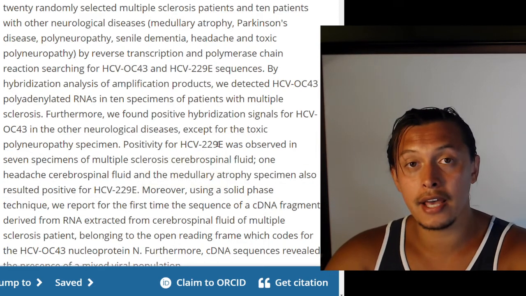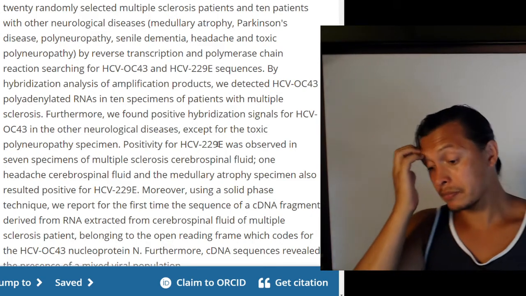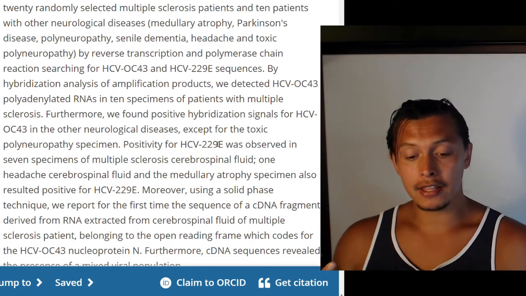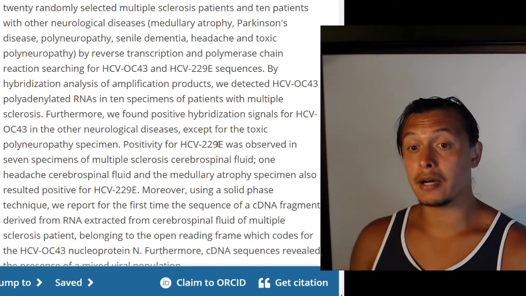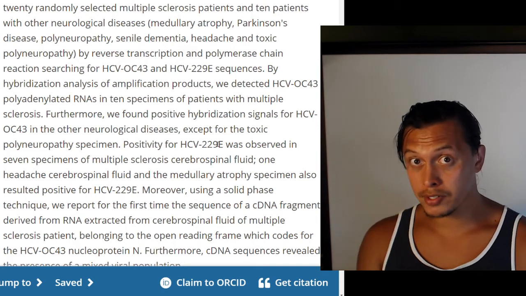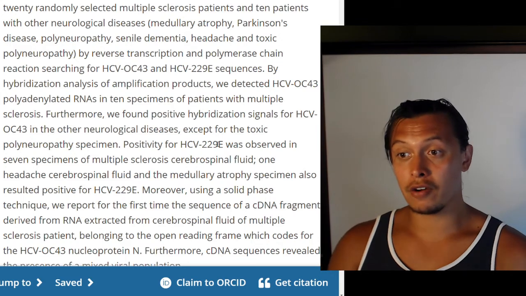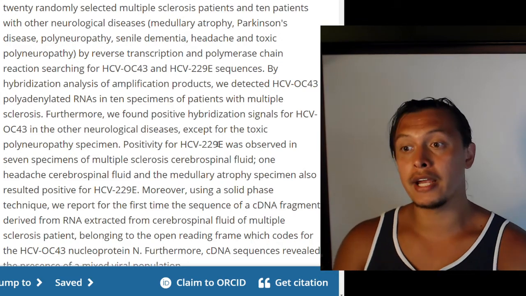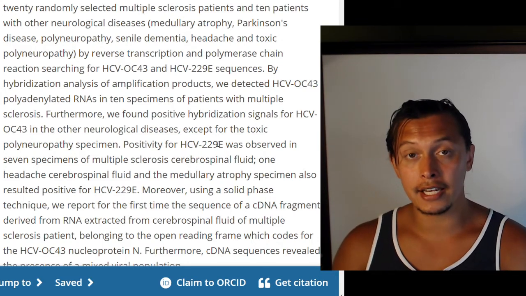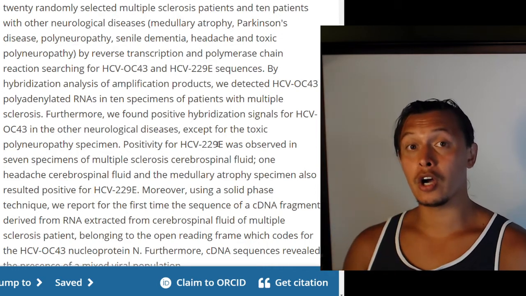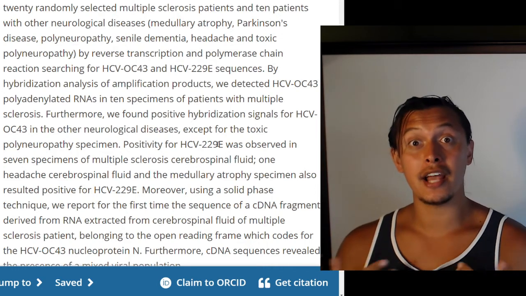So we're seeing that in the cerebrospinal fluid, patients with these neurodegenerative disorders, predominantly the multiple sclerosis patients, are testing positive to a high degree for HCoV-OC43 and HCoV-229E. And remember, these are polyadenylated mRNAs.